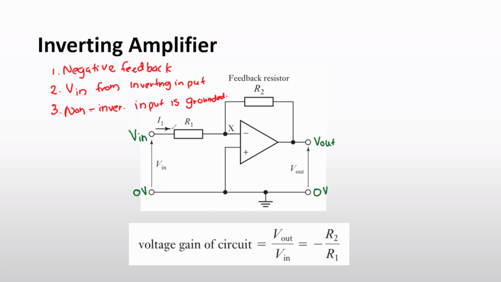So this I1 current comes through this resistor and does not flow in this direction. So the I1 totally goes in this path. And this is by the second golden rule.